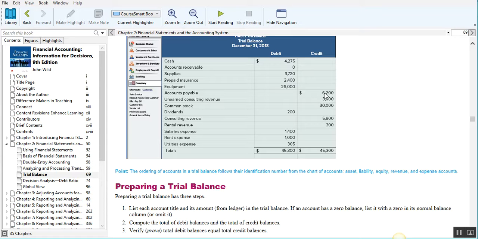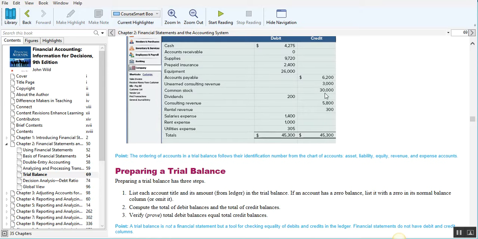Another item that's easy to make a mistake with is transposing numbers. If you turn two numbers around, like with consulting revenue, it's $5,800, and you put in $8,500, these are not going to balance, and that transposition error will show up in the total. When you're looking for an error, you can take this total minus this total, or the other way around, to see what the difference is.